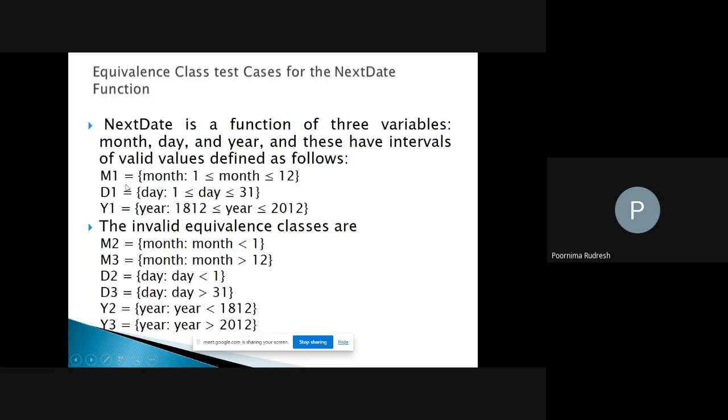So this is the condition. M1, D1, Y1 is for the valid equivalence classes, and the remaining M2, M3, D2, D3 and Y2, Y3 are for the invalid equivalence class. This is easier, right? You can easily construct it by using the given problem statement. Construction of the valid equivalence class and construction of the invalid equivalence class. Okay, any doubt here? Construction of valid equivalence class for the next date function?